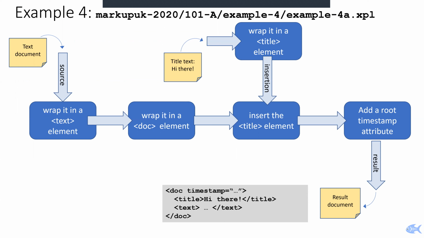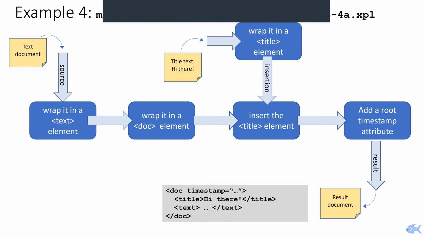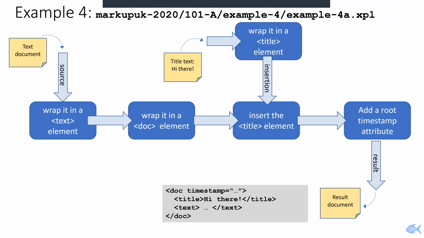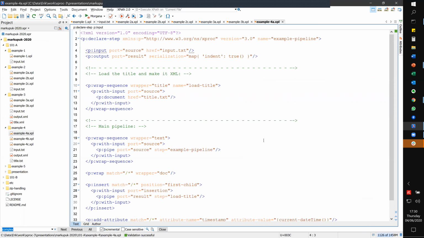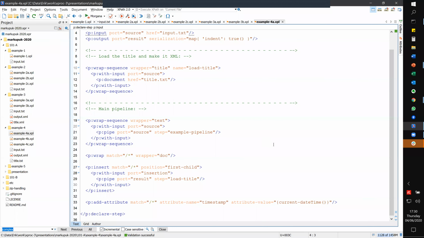How does that work? Here it gets really interesting. Let's have a look at the pipeline, and now it's getting a little bit more complicated. Ooh, it's longer. So let's have a look at what's happening here. The first thing is that we have a wrap sequence step.